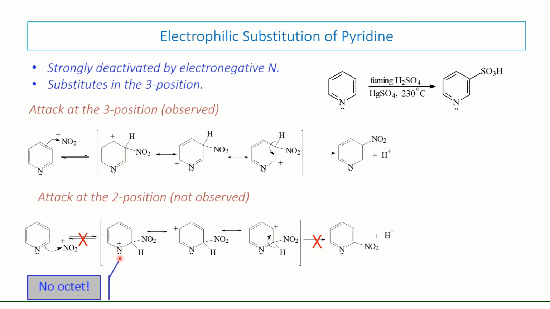Because you see, for example, here we do not have an octet, so this is not very good. There is no divalent positively charged nitrogen out there, and so this is not a valid structure. So the 3 position is the one that we find substituted. If you think of nitrogen as 1, then this position is 2, and this is 3.